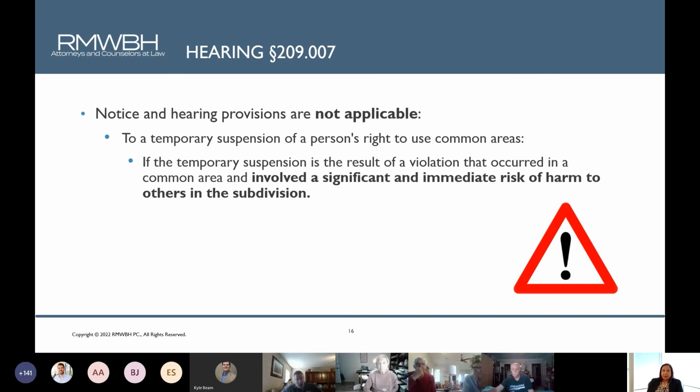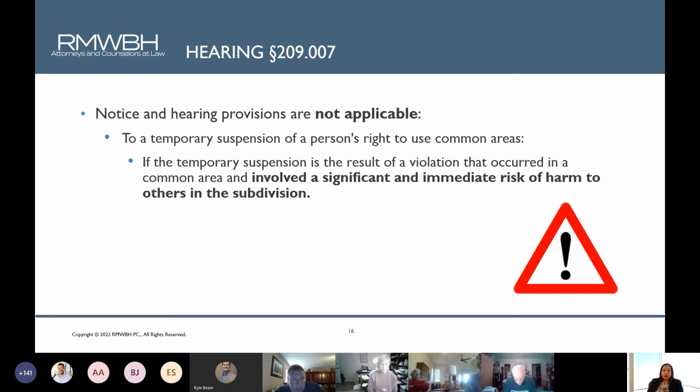So oftentimes when this comes up, it's an incident that occurs either at the association's pool or the clubhouse. It could happen by the entry gate into the subdivision if you have a gated subdivision.